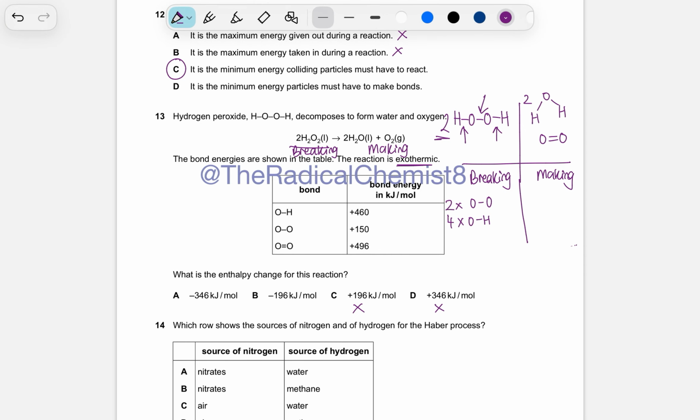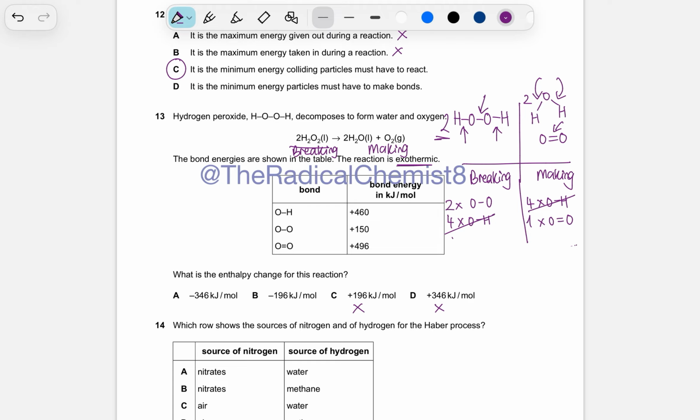Then we're forming O–H bonds in water. Each one, there's 2 times 2, so 4 times O–H, and 1 O=O double bond. So on both sides you're breaking and making the same number of O–H bonds, so this is cancelling out.